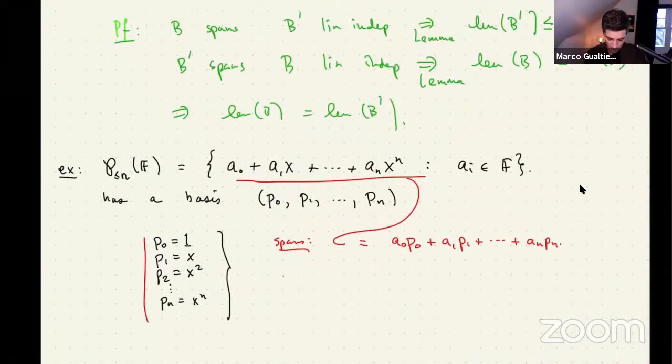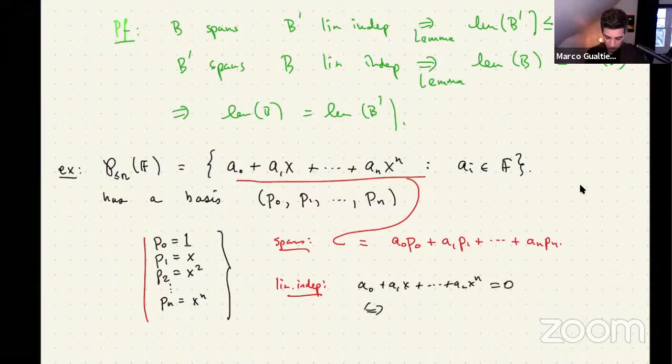The fact that it's linearly independent comes from the fact that a0 plus a1 x plus up to an x to the n is equal to 0 if and only if a0 equals a1 equals a2 equals all the way to an equals 0.